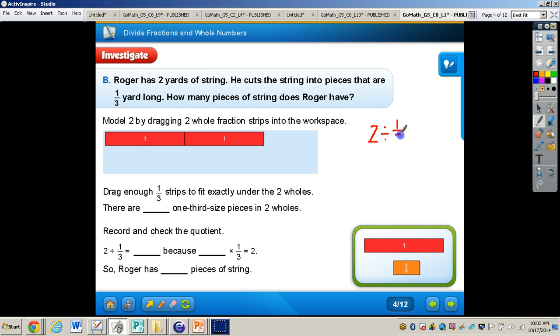Okay, now what we're doing from here, we are dragging the 1/3 fraction strips to fit exactly under 2 wholes. Okay, you'll be able to see the division of this pretty easily here. So there's 1, 2, 3 underneath this first whole. Pretty obvious then 3 will go under the next whole.